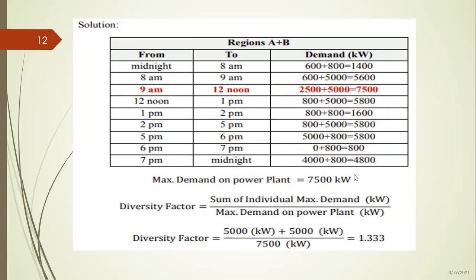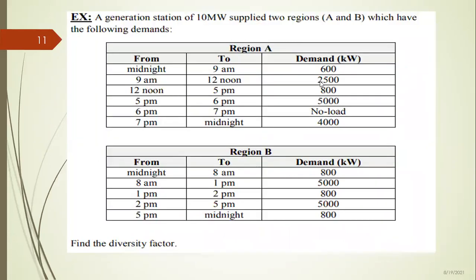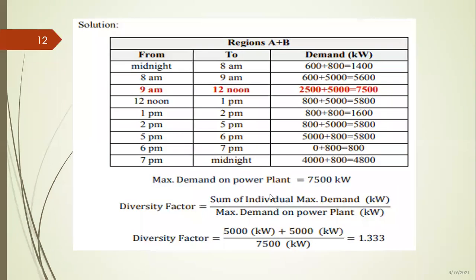Out of these demands on the system, the maximum is 7500. So the maximum demand on the power plant is 7500 kilowatt between 9 AM to 12. In this instant of time, region A is at 2500 and region B is at 5000.